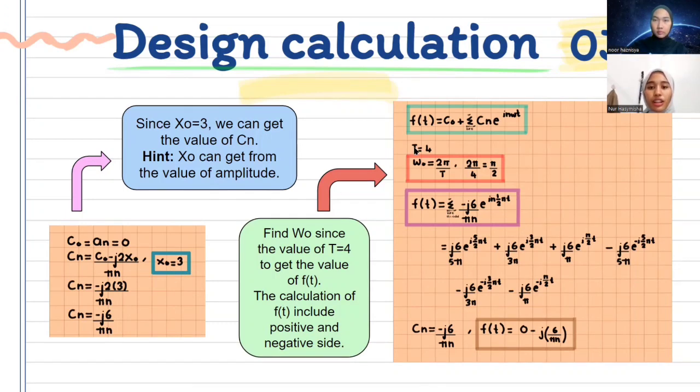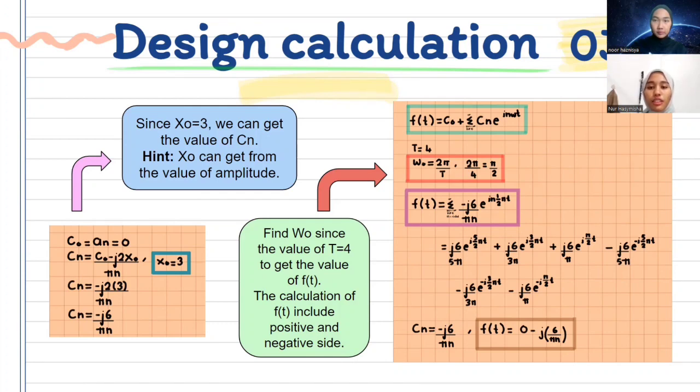For the omega node, if we want to find it, we need to have the period first. From the assignment, our group gets the period equal to 4.